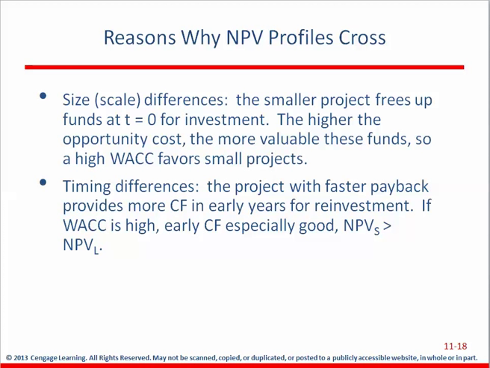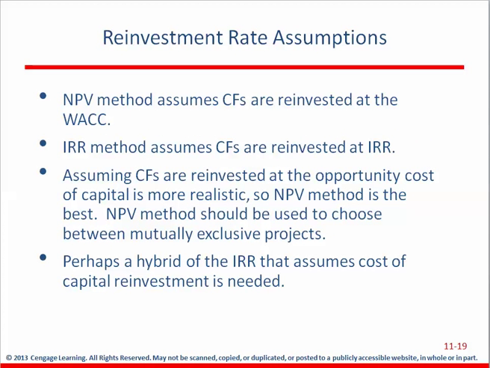Okay, so whenever your cash flows have different timing patterns like that, or different sizes, you're going to get a change in NPV, and so it's good to know where that happens, what is the crossover rate.